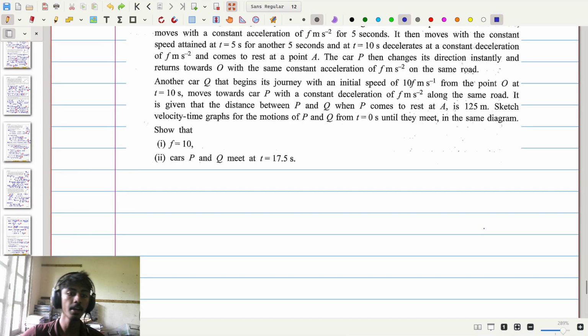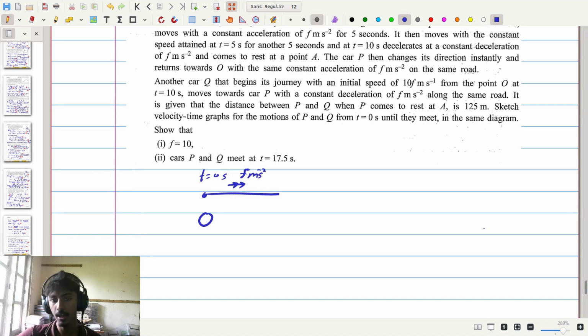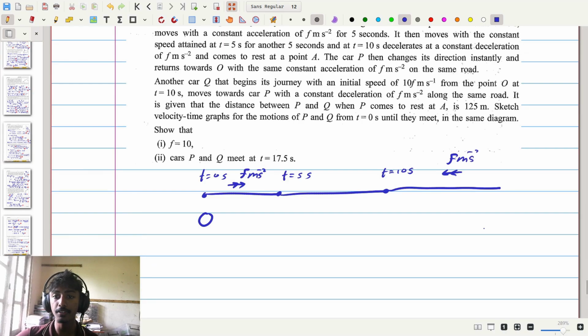So if we consider this motion, the car P starts somewhere on the road at a point O at time t equals 0 seconds and starts accelerating on the road at f meter per second squared acceleration until it reaches time t equals 5 seconds, at which point it continues with that same constant speed for another 5 seconds, and at t equals 10 seconds starts to decelerate in this direction at again f meter per second squared until it comes to rest at a point A. After coming to A, it then starts to accelerate in the reverse direction by changing direction instantly, towards the point O like so, with again f meter per second squared acceleration.